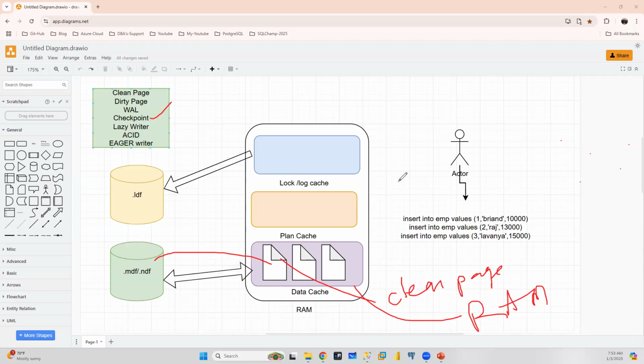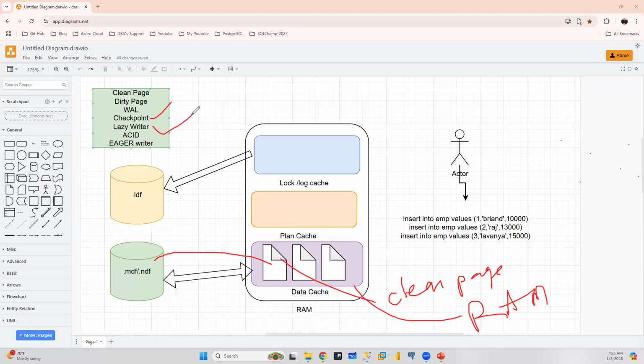But out of all those caches, the data cache is the biggest consumer in the buffer. It is trying to keep all the pages, and checkpoint is not flushing, and no other process is flushing. Now what will happen at a certain time? The RAM gets full.